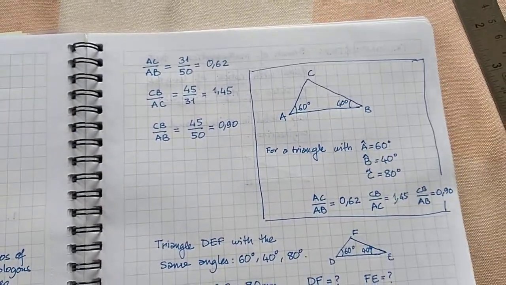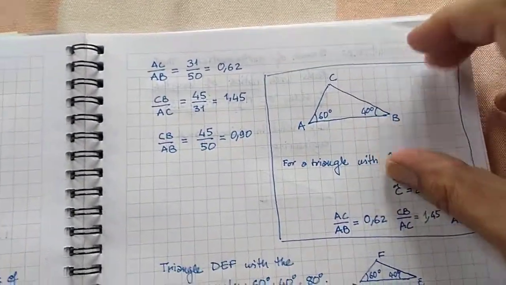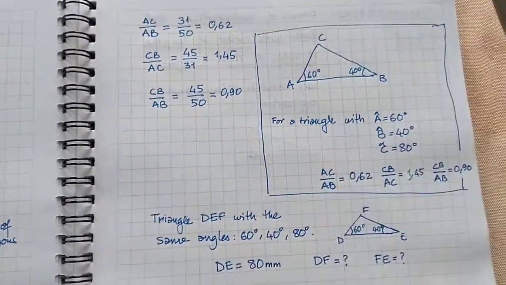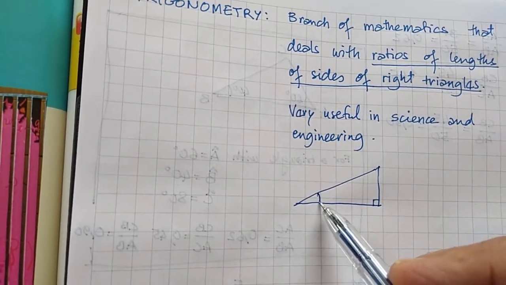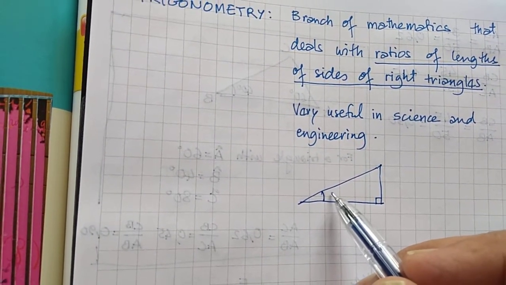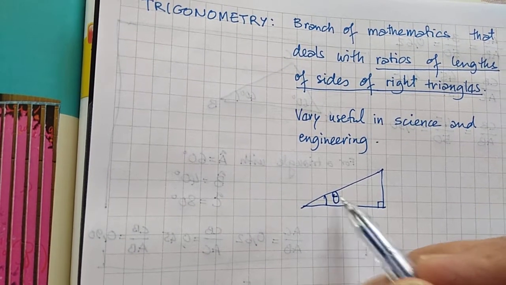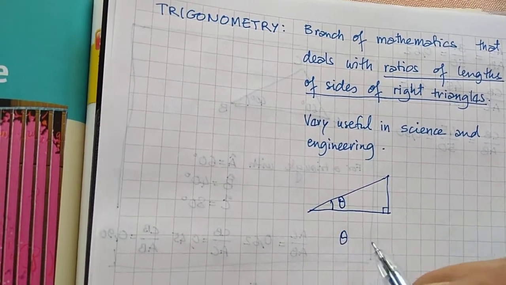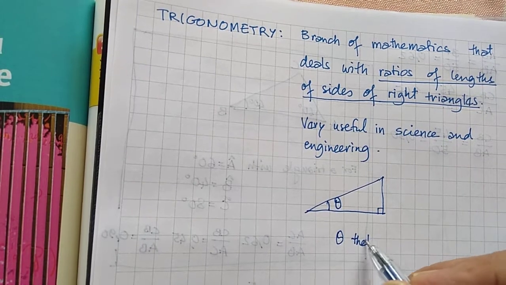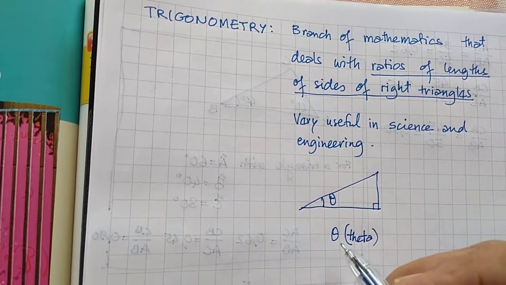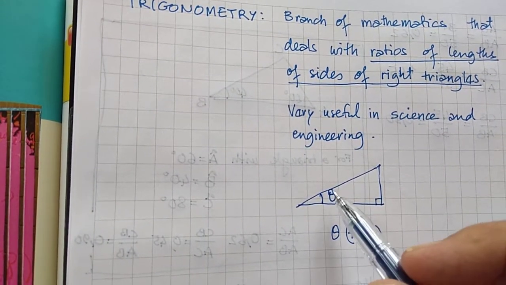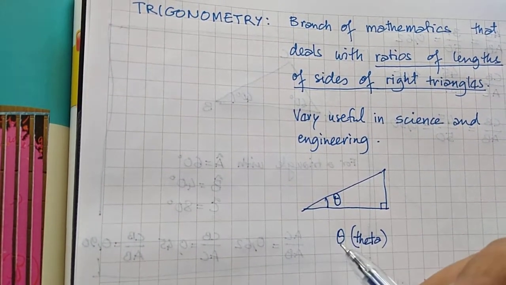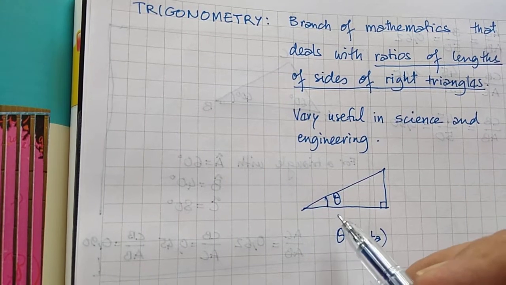In a right triangle, by default, by hypothesis, one angle is already defined for you, that is this angle. So if you define one angle, let's call it theta. What do you mean theta? Theta is written and spelled like that in English. It's a Greek letter, often used for angles. Instead of ABC, sometimes they use theta.